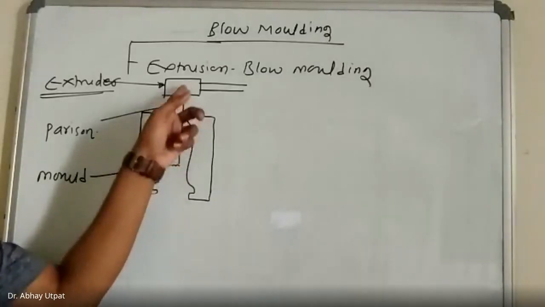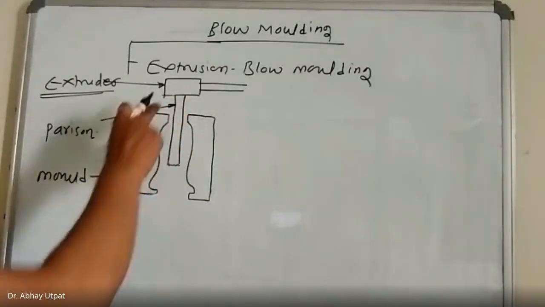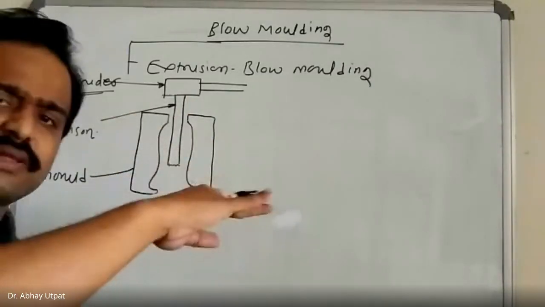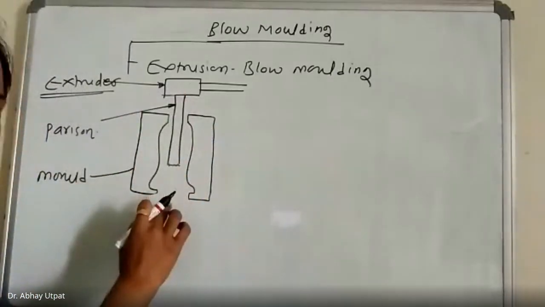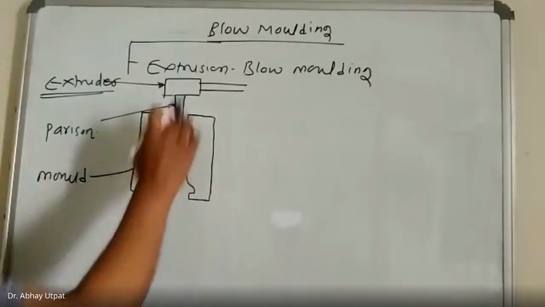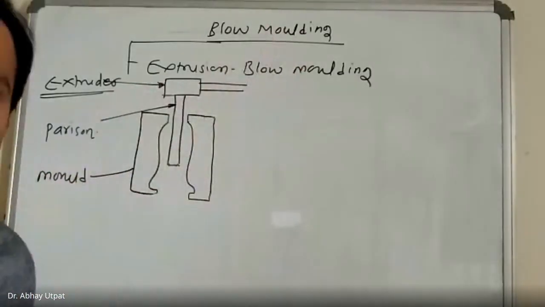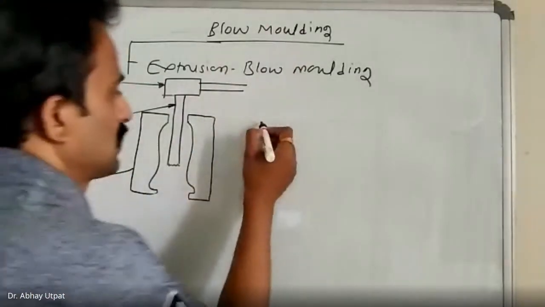Now you will say it is coming continuously. No doubt, there is one trimmer. Trimmer means one knife, which will cut this. As soon as it reaches the bottom, the die gets closed and from the upper side it gets cut.